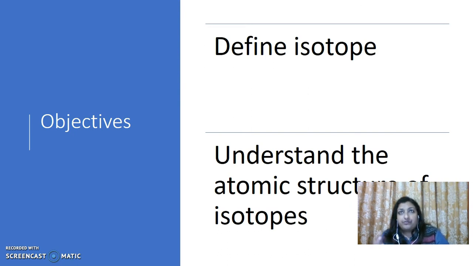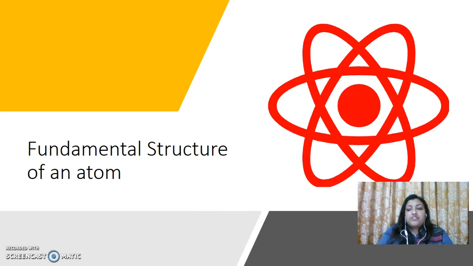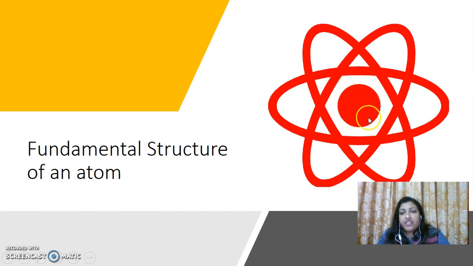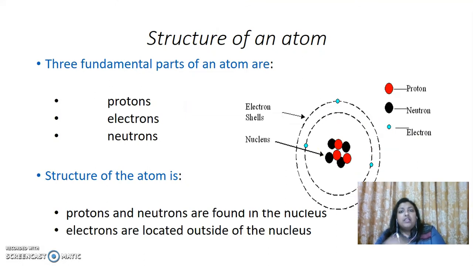leads to this topic. The fundamental structure of an atom, as you can see over here, the shells, and the one here in the center is your nucleus. So what are the basic structures? What do they contain? There are three fundamental parts of an atom.